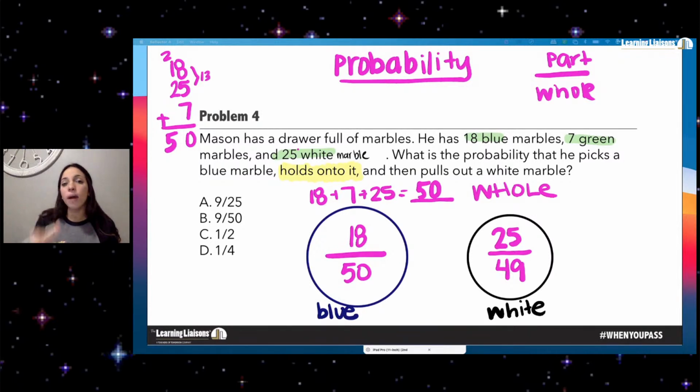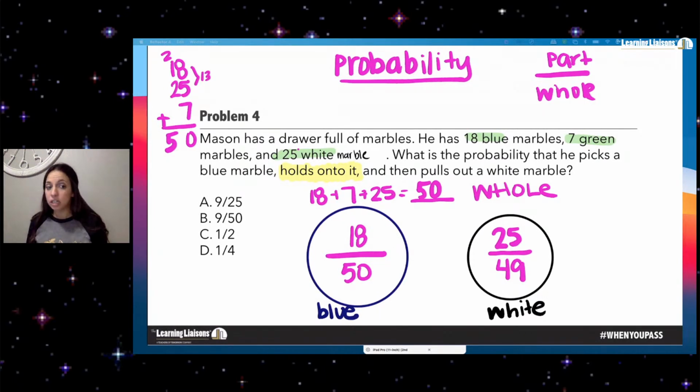Now, how do I figure out blue marble and then a white marble? Because it's a very specific situation. It's not just a blue or just a white. It's got to be a blue the first time, and then it has to be a white the second time. To find combined probability, I'm going to multiply my two probabilities together. So that's going to equal.